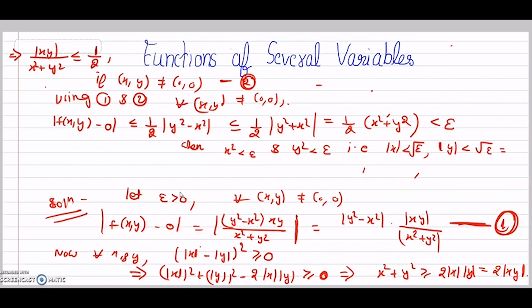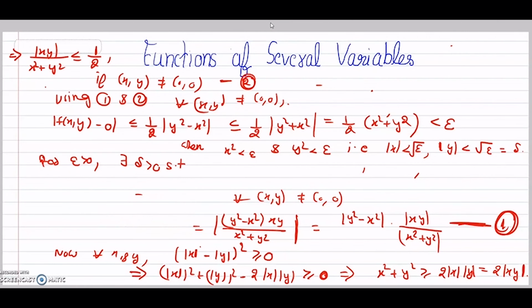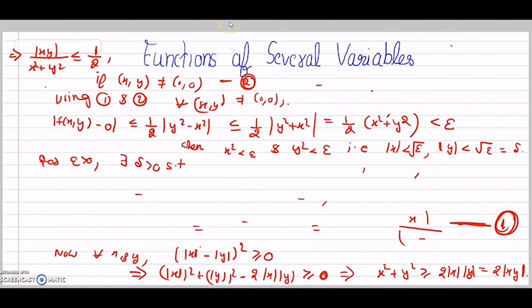And if we take under root epsilon is equals to delta, then we observe that for any epsilon greater than 0, there exists delta greater than 0 such that modulus of f(x,y) minus 0 is smaller than epsilon whenever modulus of x is smaller than delta and modulus of y is smaller than delta.